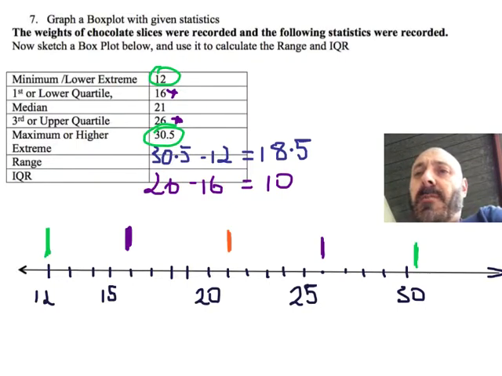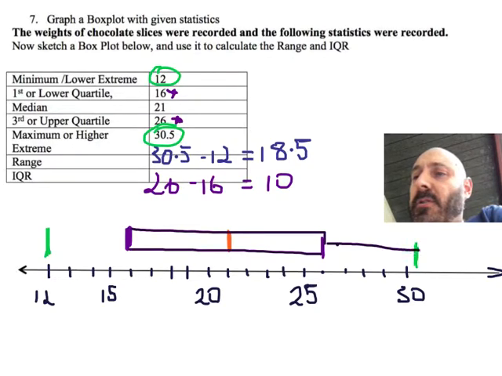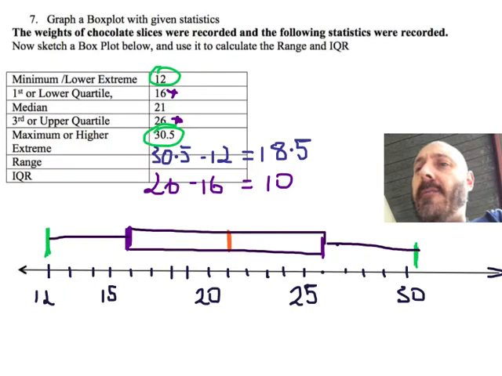So I've now got all the information on my box plot, but what I need to do is make it a little more presentable. Okay, and what I'm going to do is draw my box, which is always the middle quartile, and then a line for the outer parts. This is 18.5, and my IQR, my interquartile range, is the difference between the quartiles.